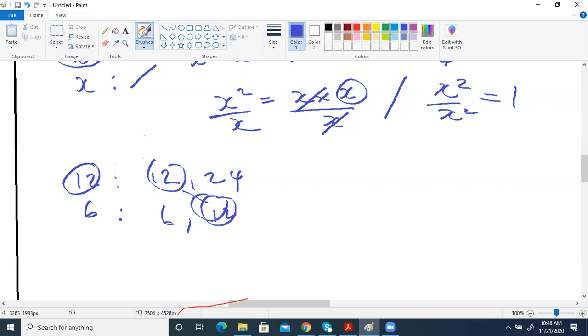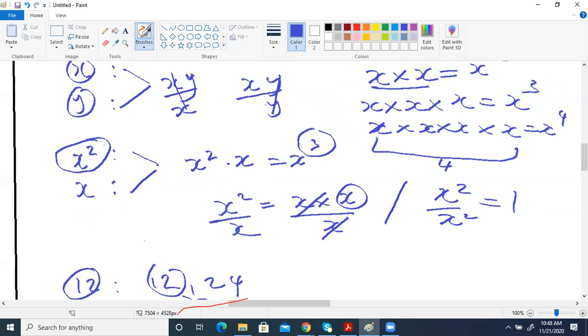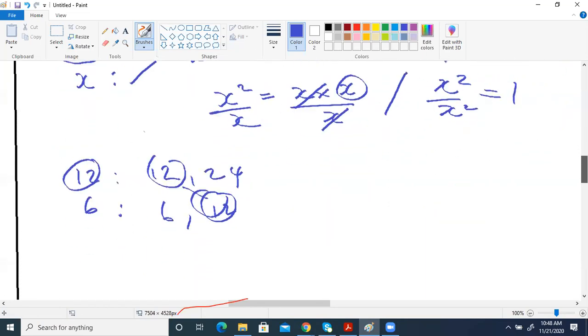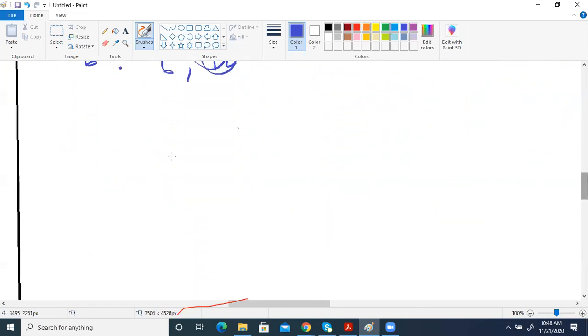We don't need to go any further. So it's a similar situation with x squared and x. X squared already serves as the LCM for x and x squared. You don't need to multiply further. All right. So I'm not going to labor on that anymore. Let us work some questions and you'll see what I mean.